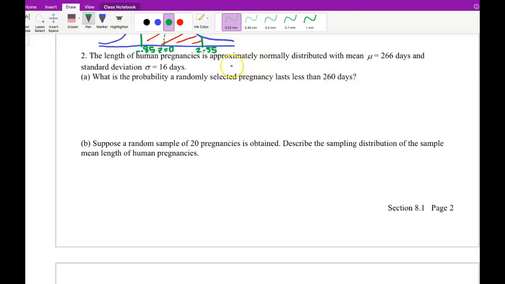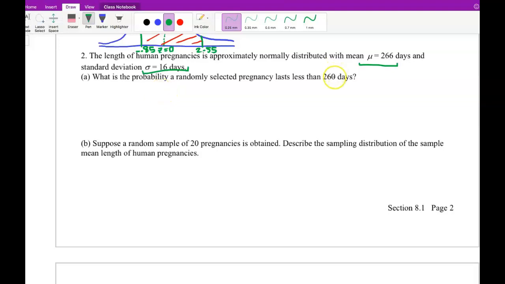Okay, now this part is approximately normally distributed, and the mean is 266 days, and the standard deviation is 16 days. And we don't have a sample size on this part.